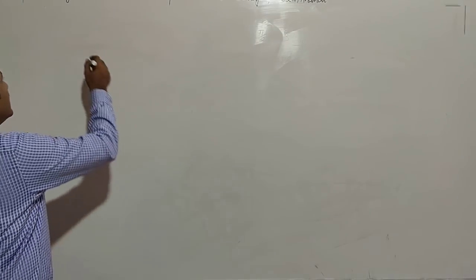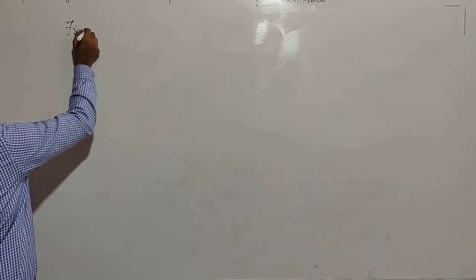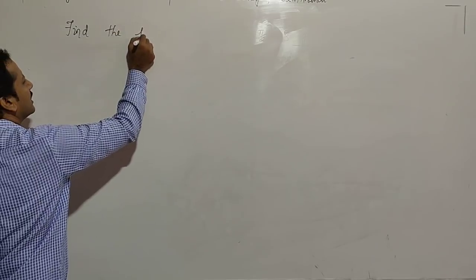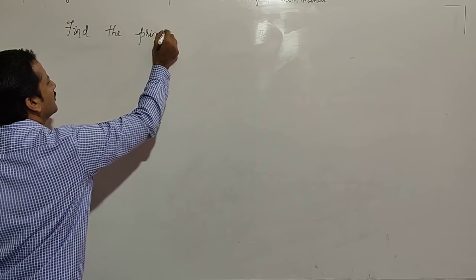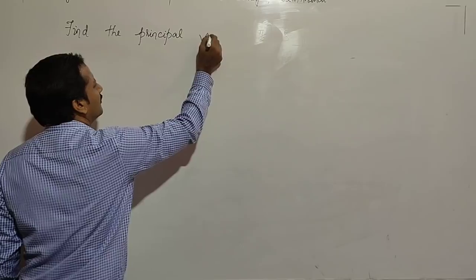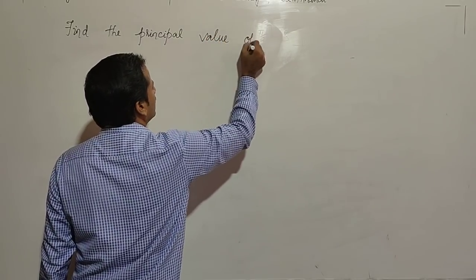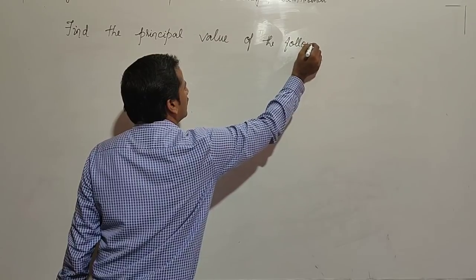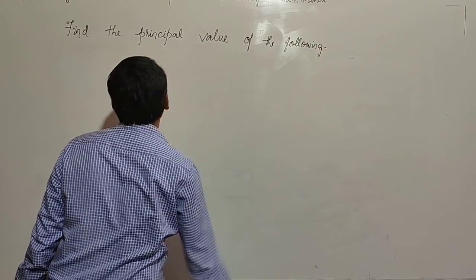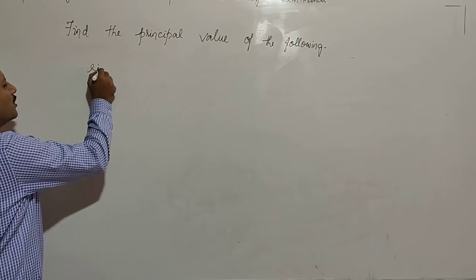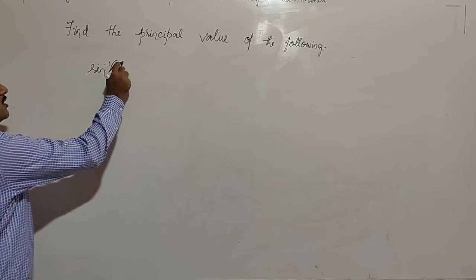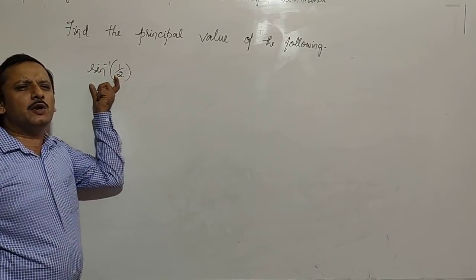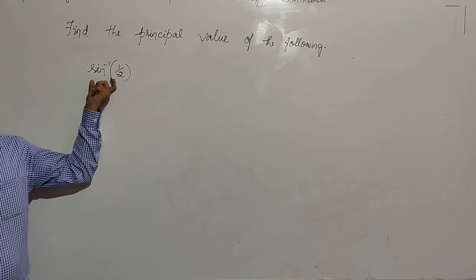Okay. The question is, find the principal value of the following. Firstly, sin inverse of 1 by 2. So we want to find the value of sin inverse of 1 by 2.